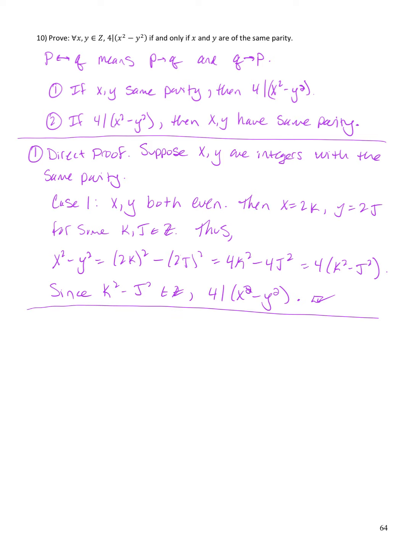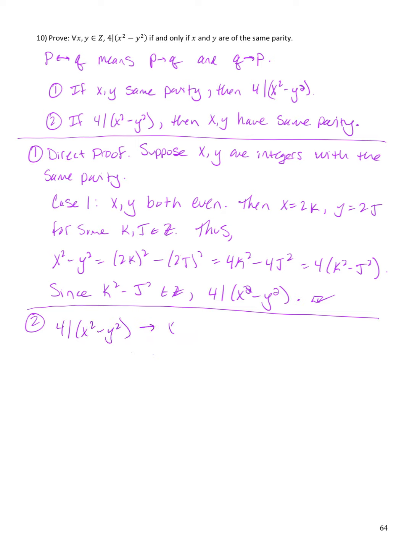That worked out nicely. Now for statement 2, we wanted to show that if 4 divides x squared minus y squared, then x and y have the same parity. Again, this could get messy, right? So 4 divides x squared minus y squared.